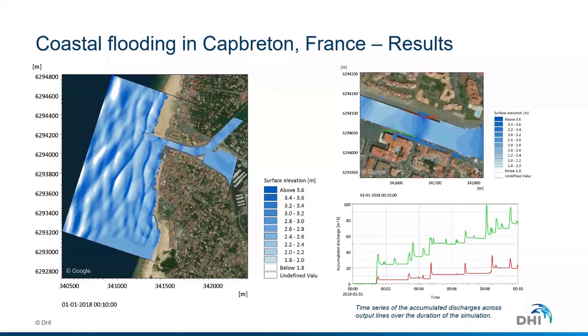Also to our bottom right, we see some time series of the accumulated discharges across the two cross sections that we had. And you can also see the highly nonlinear effect of overtopping, where a few waves are responsible for most of the overtopping. So we can see that this model can be used to simulate entire coastal flooding areas, and you are modeling the entire domain as is, more or less.